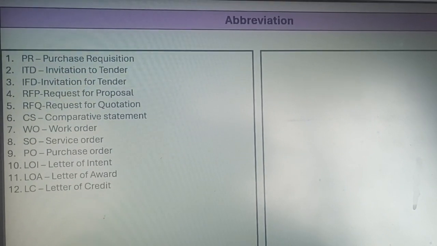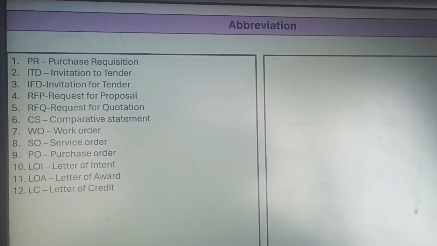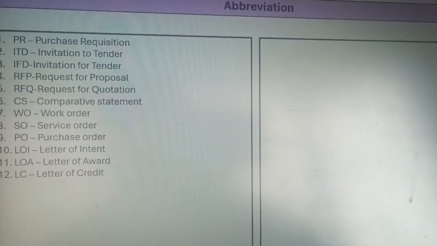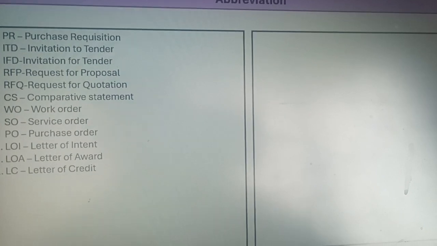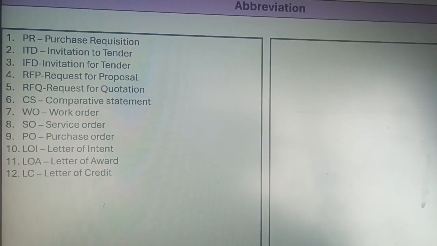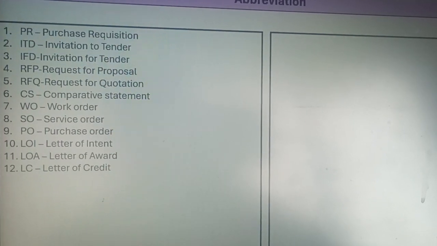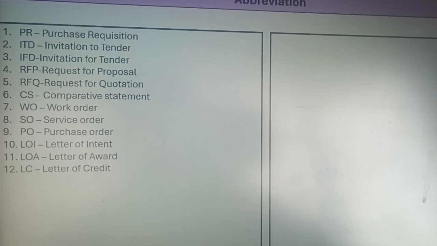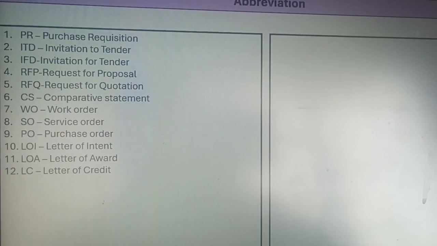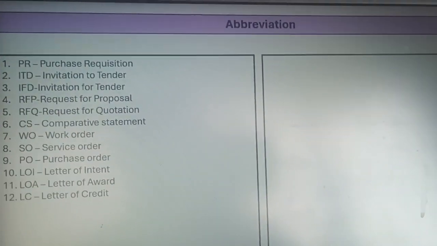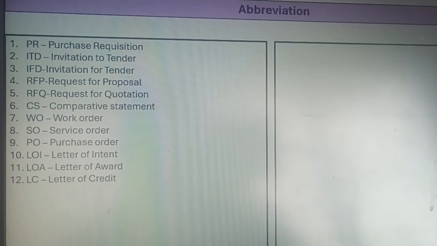Once the goods are received by the buyer, the buyer gives confirmation to his bank to make the payment, and once the seller receives the payment, they confirm to the buyer, yes, I received all the documents and the payment.